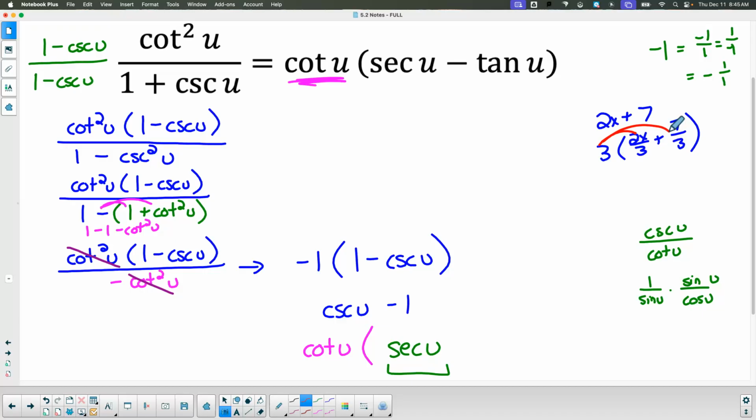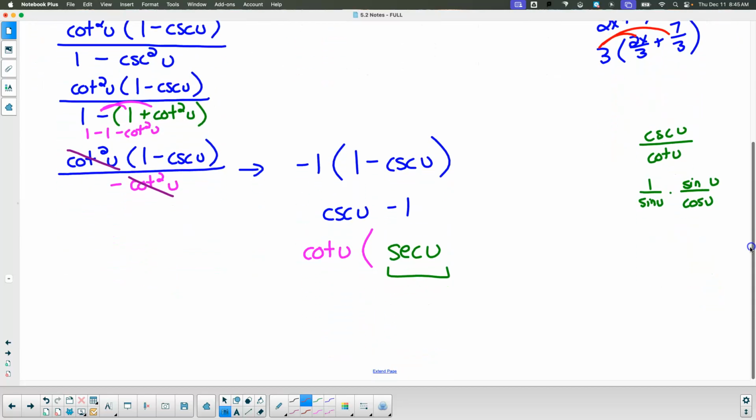If I take cotangent times secant, I get cosecant. Now we got to do the other one.